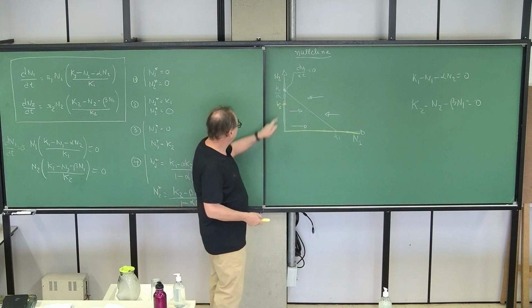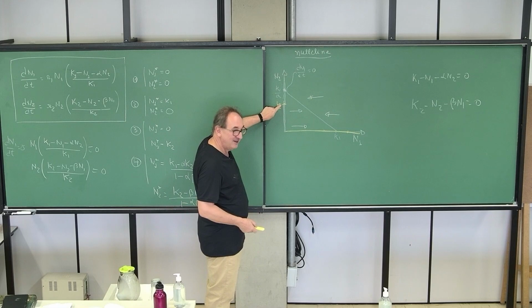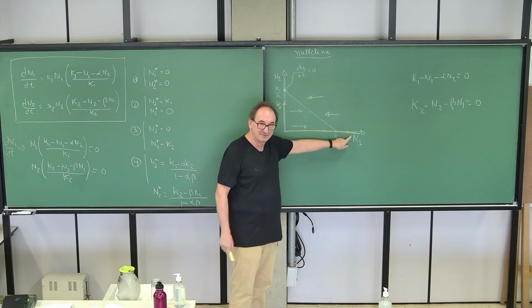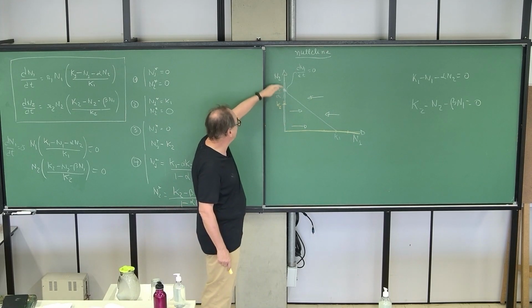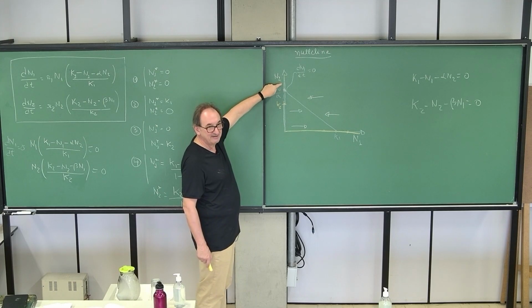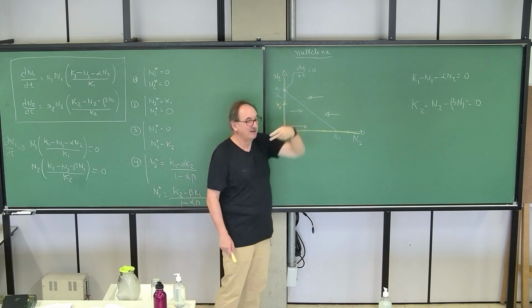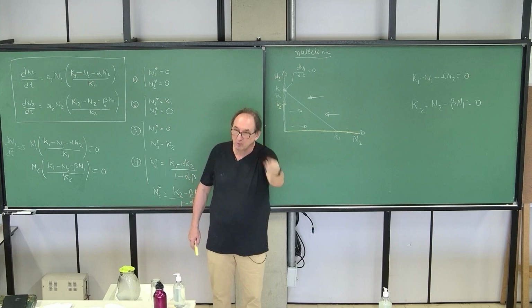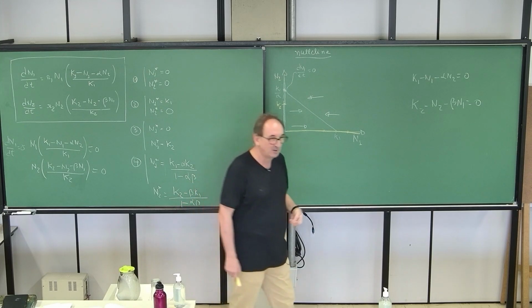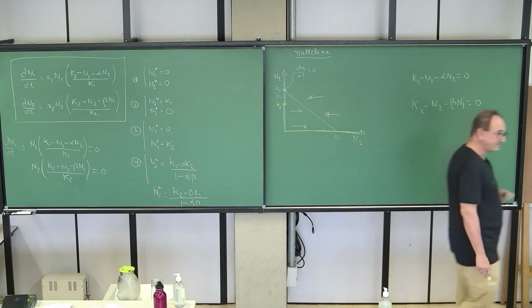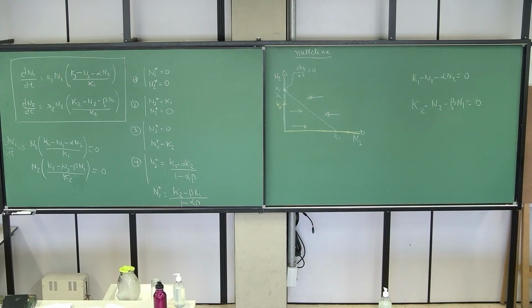Therefore, for k2 being here, there are two possibilities. But remember, k2 could be bigger than k1 over alpha also, which would generate two more possibilities. So we will have four possibilities, and that's what we want to discuss.